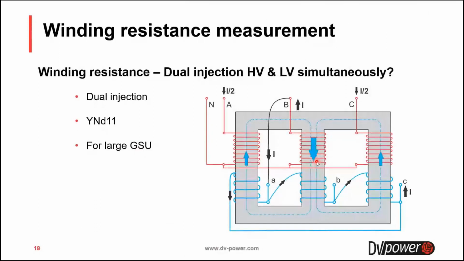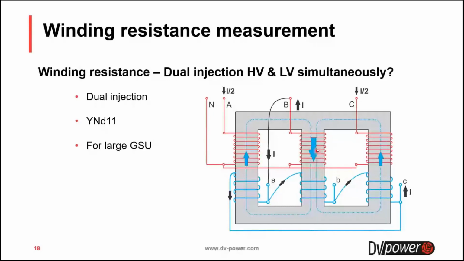Winding resistance, dual injection, high voltage and LV voltage simultaneously. DV Power three-phase instruments use the method shown in this picture for overcoming problems when testing delta on the low voltage side of a transformer.